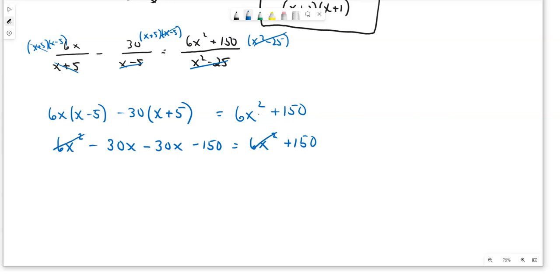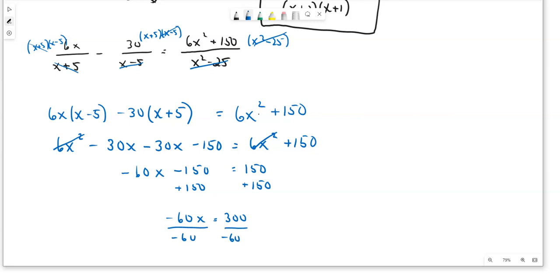Negative 30x minus 30x is negative 60x. On the other side, I get 150. So add 150 to both sides, and I get negative 60x equals 300. Divide both sides by negative 60, and I get x equals negative 5.